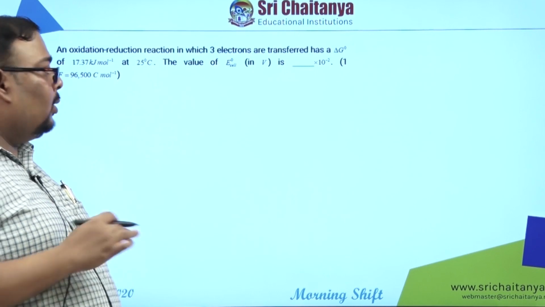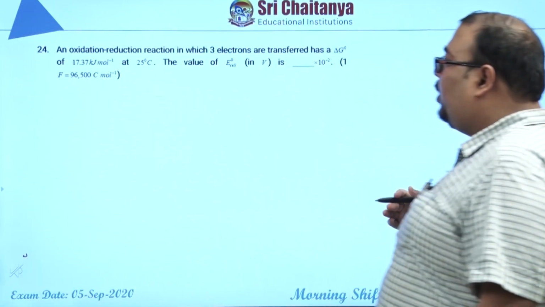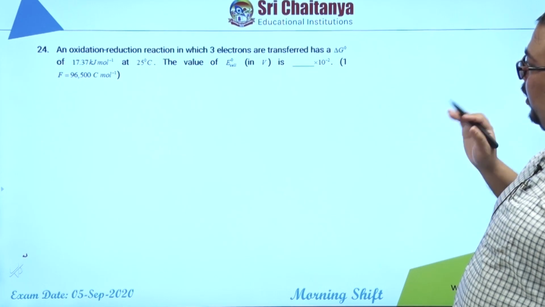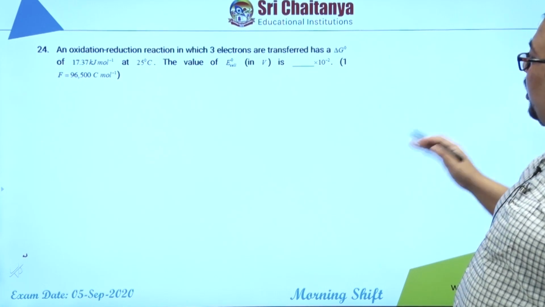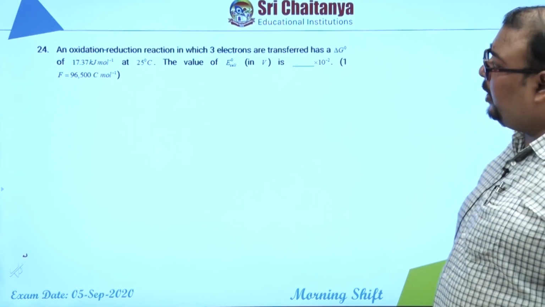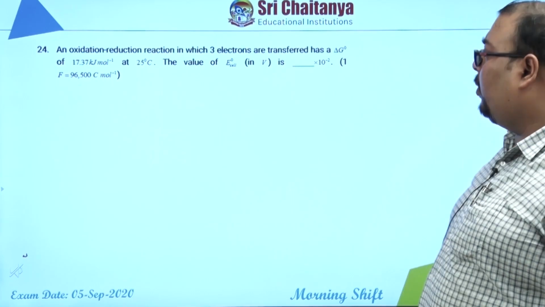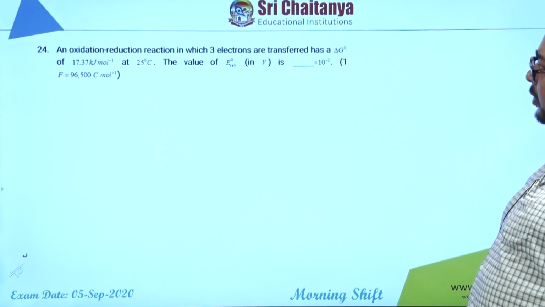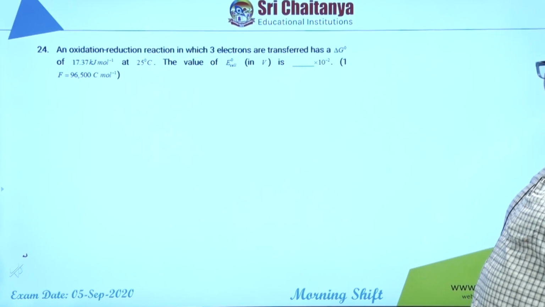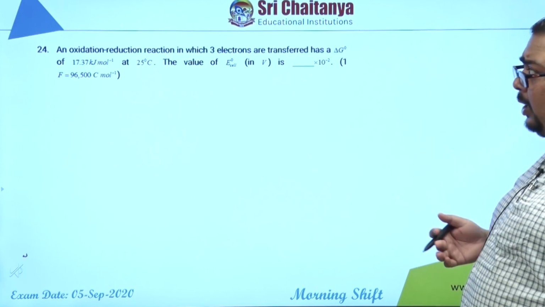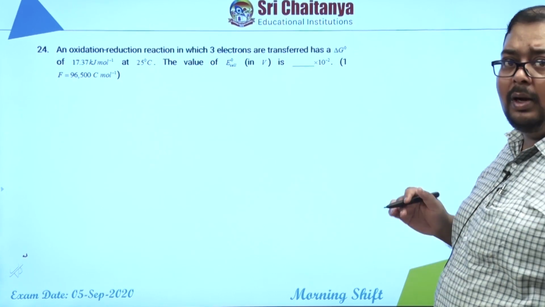Okay, so this brings us to question number 24. An oxidation reduction reaction in which 3 electrons are transferred has a delta G naught value of 17.37 kilojoule per mole at 25 degrees centigrade. The value of E naught cell is, now this is a question of electrochemistry, basically related to the thermodynamic part of the electrochemistry.